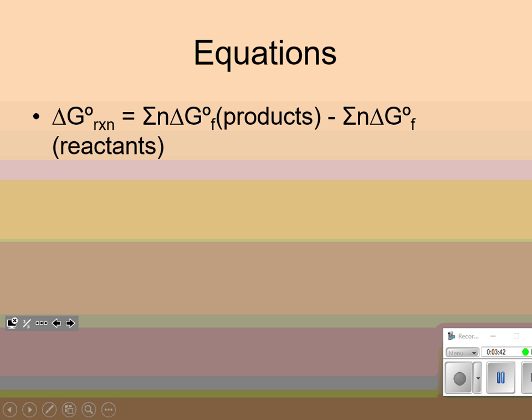Okay, just like enthalpy and just like entropy, Gibbs free energy is also something that you can just look up for particular things in an appendix and do products minus reactants, remembering to multiply by their stoichiometric coefficients. And actually, as I look at your equation sheet, under thermodynamics / electrochemistry, the top equation is Q equals mc delta T, which you'll be using next class.